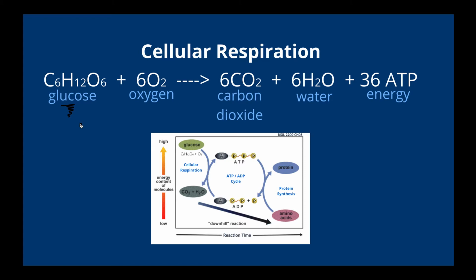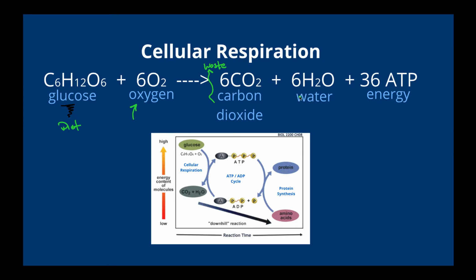So glucose is going to come in through your diet. Oxygen you're going to breathe in from the atmosphere. And in the process we metabolize the glucose and convert it to carbon dioxide, which is going to be a waste, and it's what you exhale when you breathe out through your lungs.